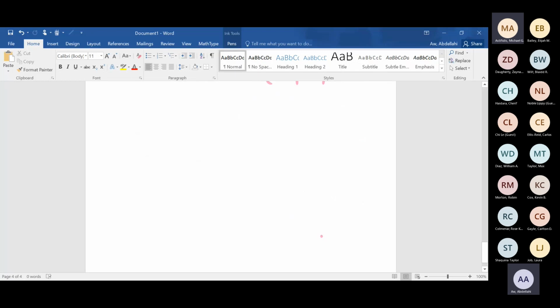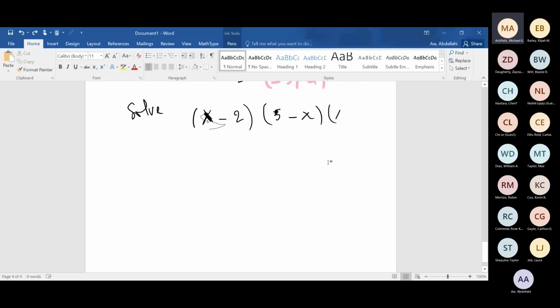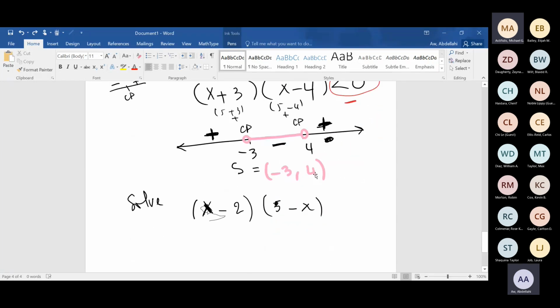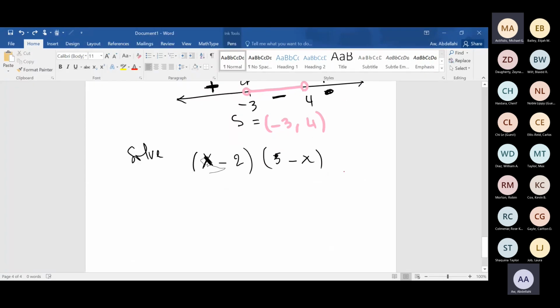So if you have x minus 2 times 5 minus x, which is greater than or equal to 0, right?